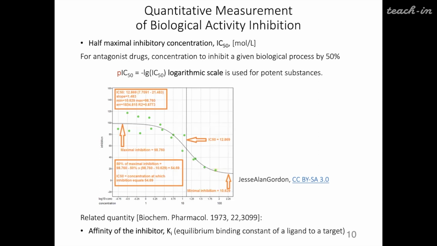So concentrations may vary by powers of 10. And also we should mention affinity of the inhibitor. So this is basically the equilibrium binding constant of a ligand.